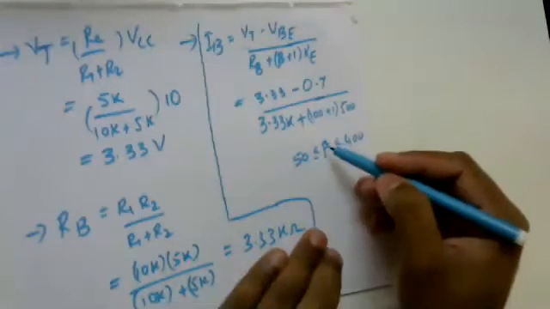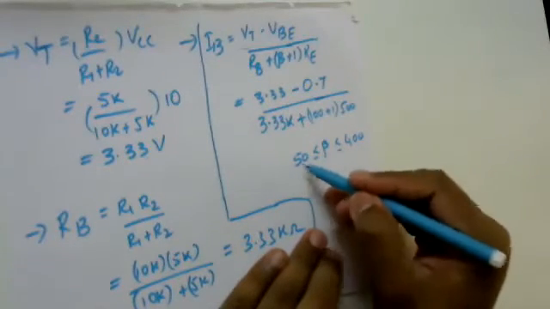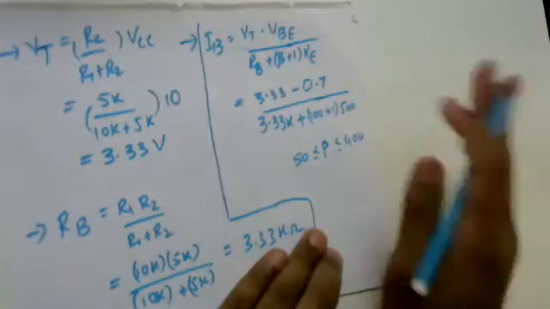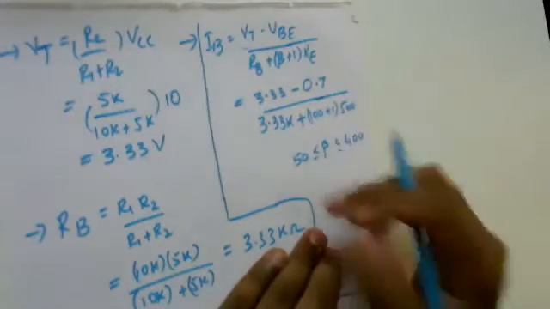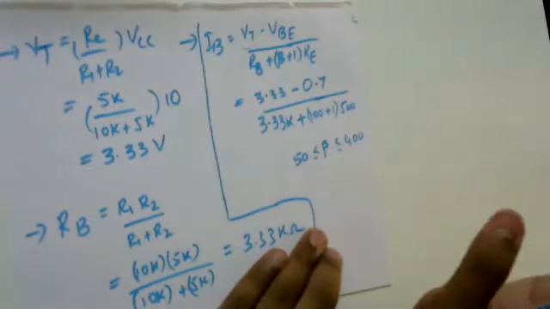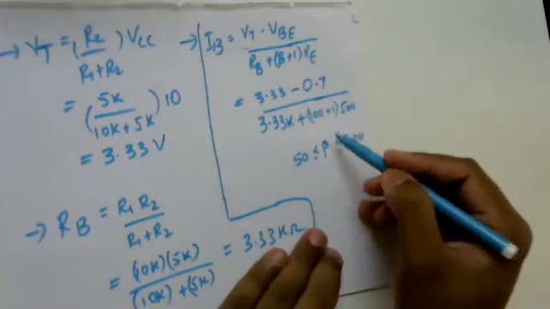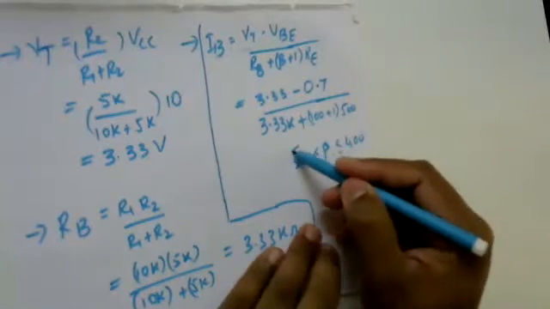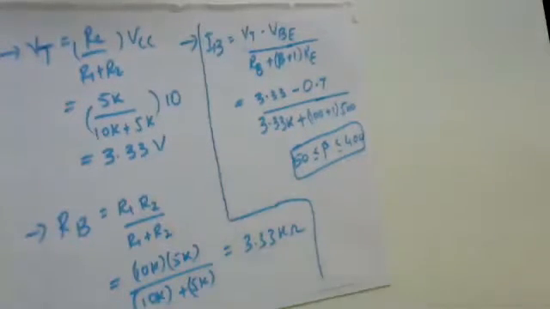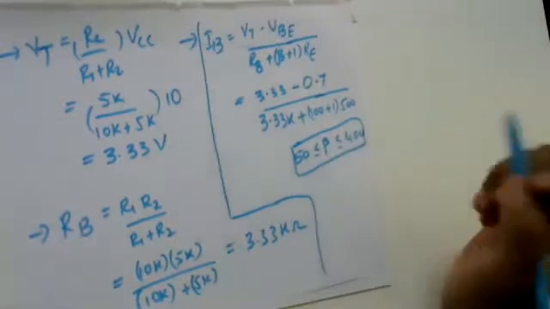So beta can take a value between 50 to 400, and you are free to choose any value of beta. If beta is not given, I can take beta as 100, 200, or 250. You will not have any problem. If beta is not given, you can select any value of beta between 50 to 400, and no bonus marks will be given. It's default, you have to assume it.